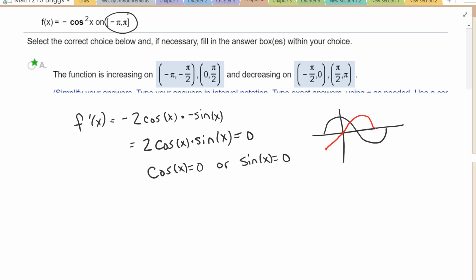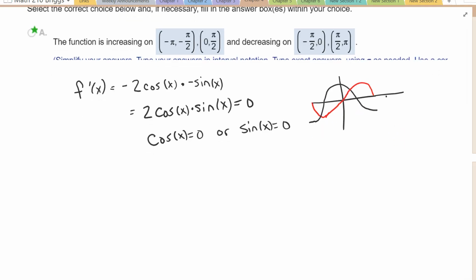If I put in some reference points, this point would be at minus pi, this here minus pi over 2, 0, pi over 2, and pi.